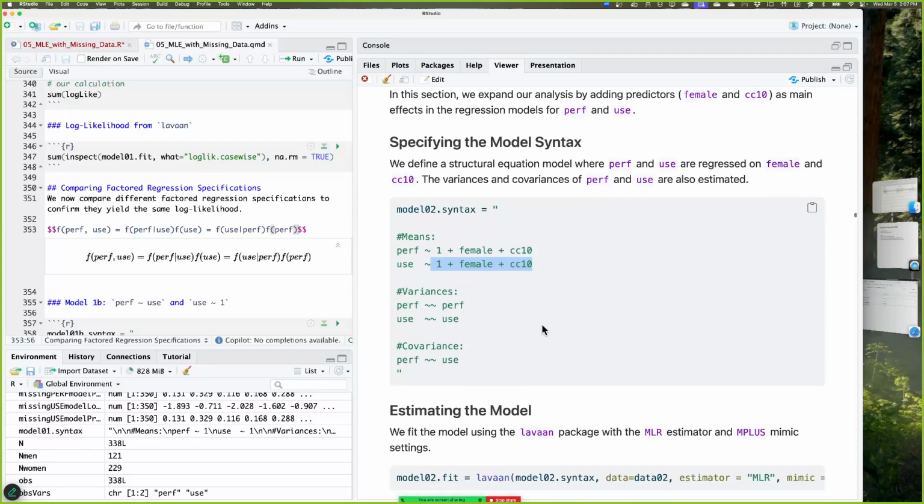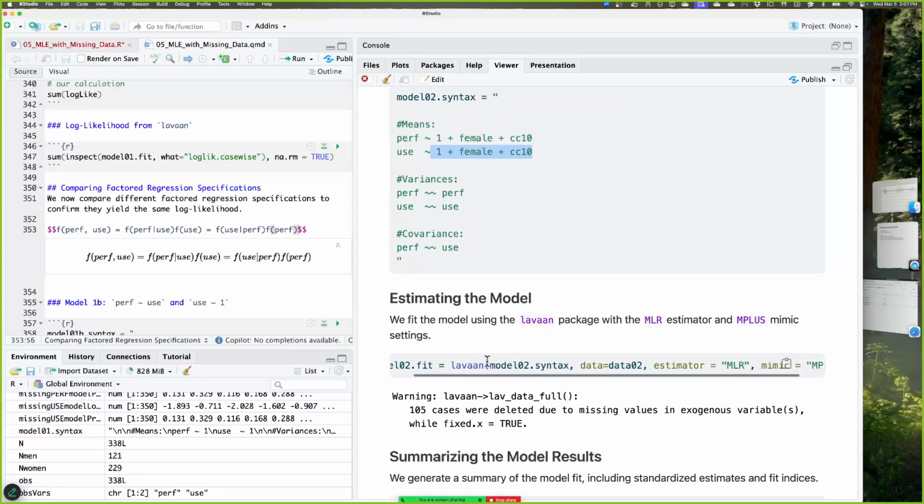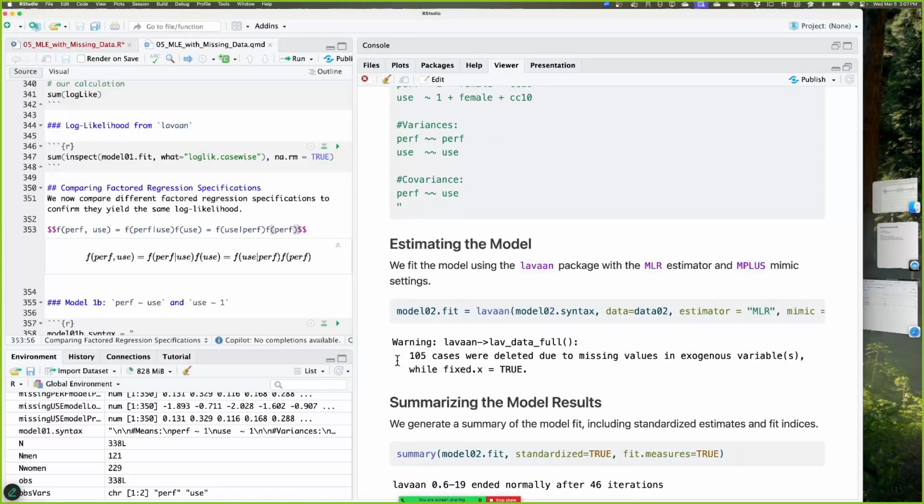Probably not. Okay, so we estimate our model. Again, all we've changed is just the model o2.syntax. And now we get a new warning: 105 cases were deleted due to missing values in exogenous variables, while fixed.x equals true. Well, it turns out fixed.x equals true comes from this mimic equals m plus part.